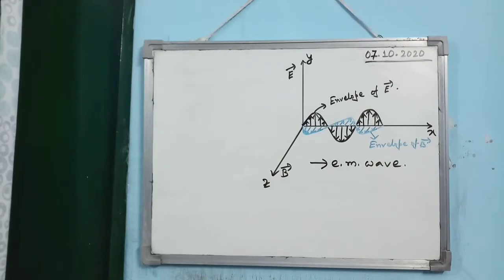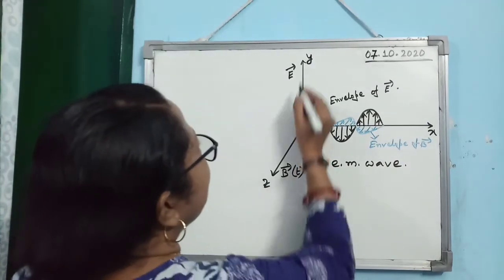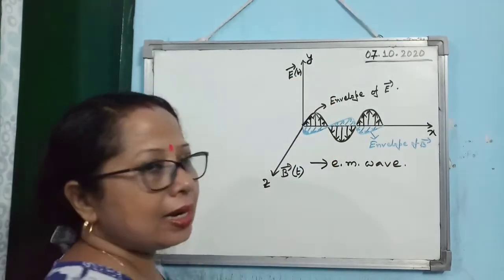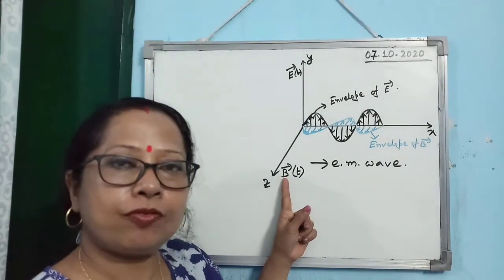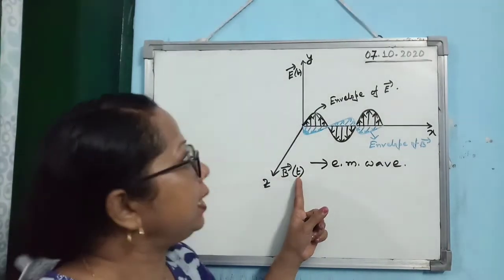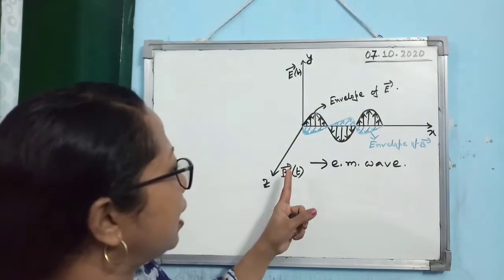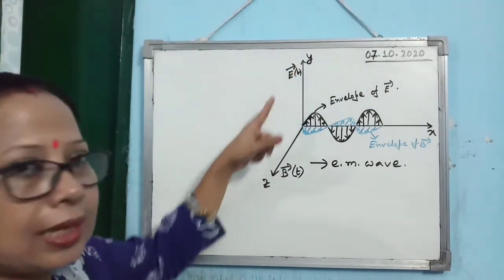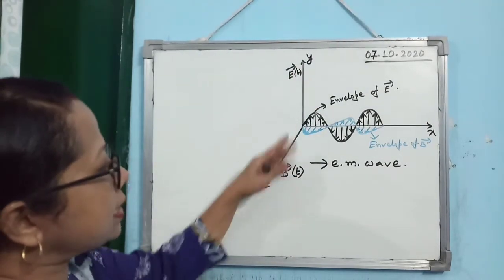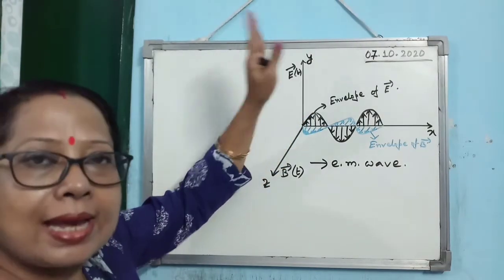Now the concept of electromagnetic wave. If we have a time varying electric and magnetic field, you see how I have written? B stands for magnetic field, a function of time t, E is a function of time t, meaning time varying electric and magnetic fields acting perpendicular to each other. Look at it. The magnetic field is acting along the z axis, the electric field is acting along the y axis.